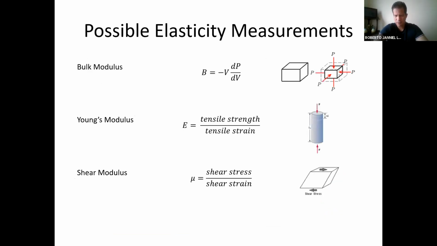And these are some of the things that we have been talking about, right? In general, you have a bulk modulus, and the bulk modulus would basically be that: you have your differential of pressure and your differential of volume, and it's the one that relates the two of them.